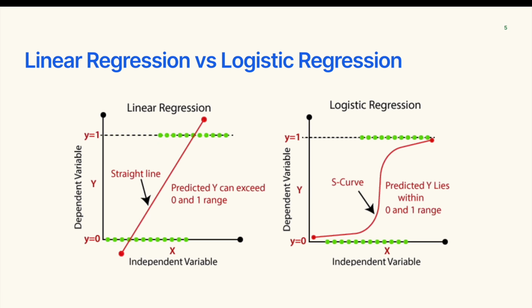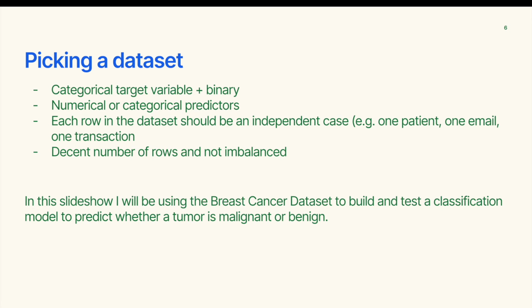And then on the right, you can see the sigmoid function, the S-curve that logistic regression uses, and this curve squashes all predictions so that they stay within that range of 0 and 1, and that's why logistic regression is much better for binary outcomes.